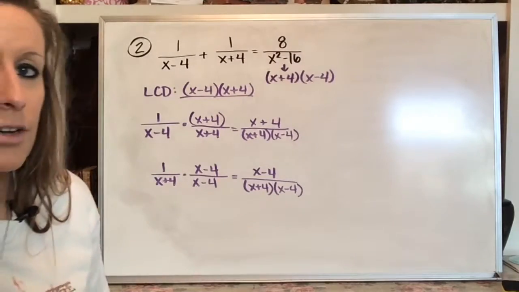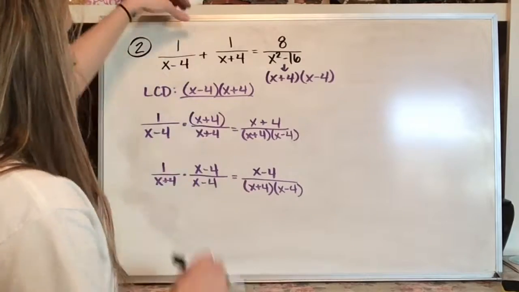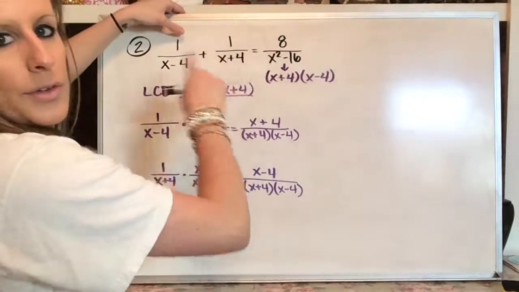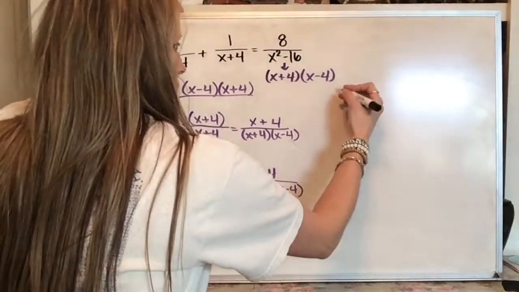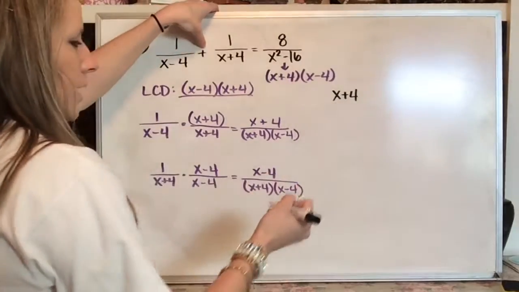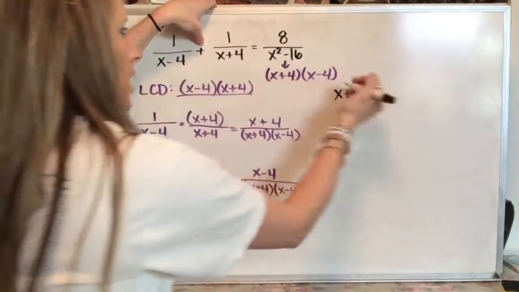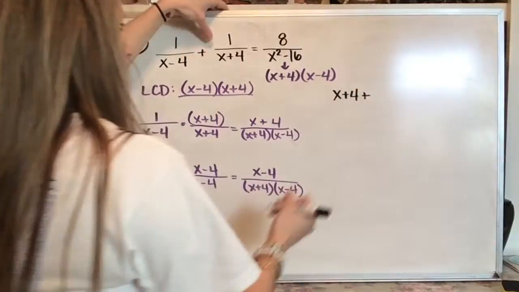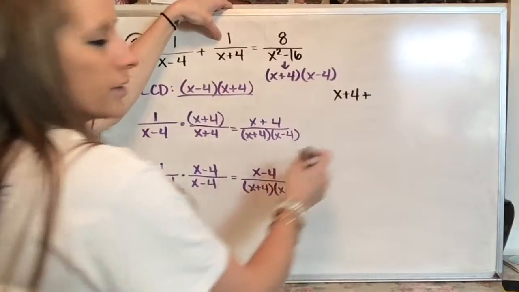Now I'm worried about my numerator. So let's go back to our original problem, and we're going to go through and rewrite this. My first fraction changed to x plus 4. And then plus, I'm looking at my original problem when I'm doing this, my second fraction changed to x minus 4.